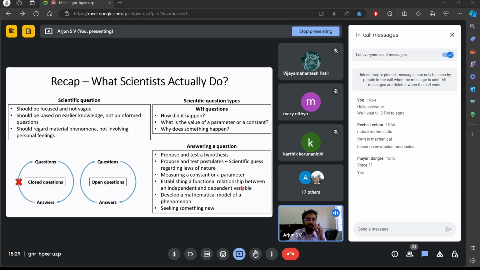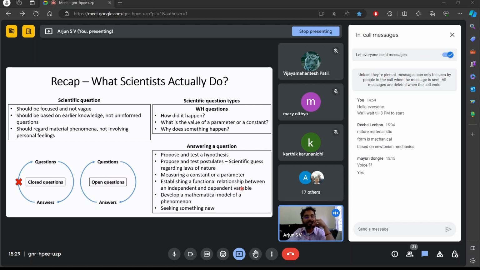Following that, you will be measuring some constant or a parameter using a machine or an experimental setup, and then you will be establishing a relationship, a linear or a non-linear relationship, between a dependent and an independent variable.